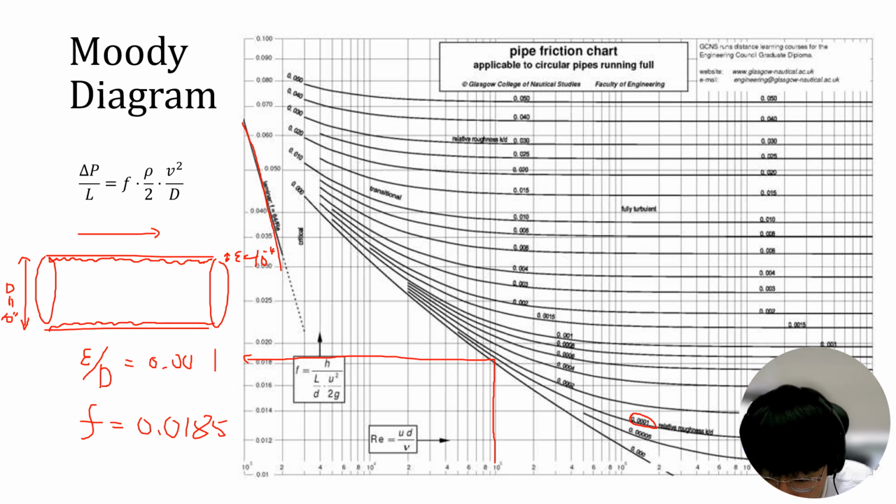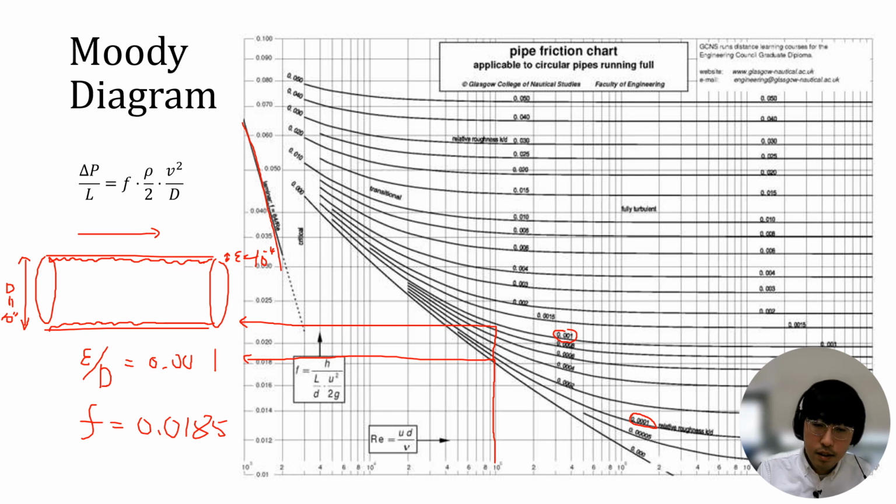Then we have to find that from the right. So that line goes like this. So even with the same Reynolds number, now we have a different friction factor, right? So that's how we can calculate the equations, and so on.